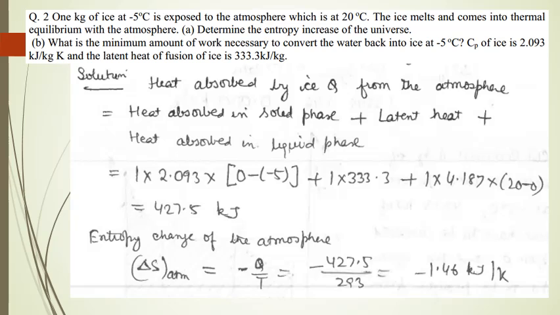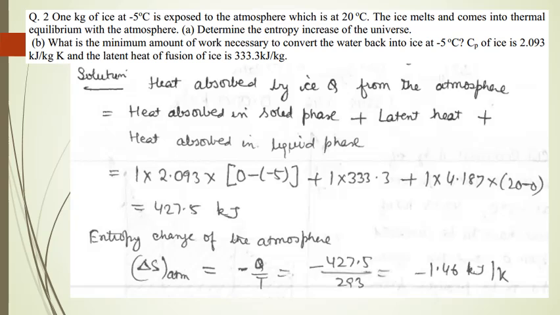Now the entropy change of the atmosphere. As I told you, the amount of heat absorbed by ice is equal to the amount of heat given out or lost by the atmosphere. So the amount of energy lost by the atmosphere is equal to 427.5.